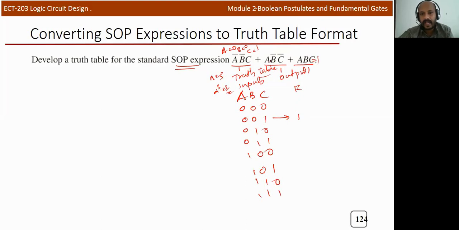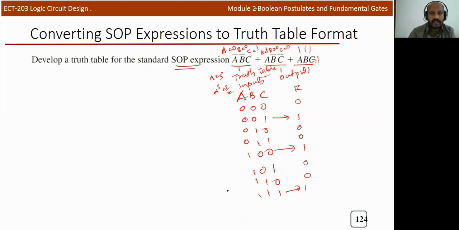Similarly, the second term, A B bar C bar: when A is equal to 1, B bar, so B should be equal to 0, and C should be equal to 0. So 1 0 0 also results in 1. And the last term is ABC, so A, B, C should be 1 1 1. So these are the three different cases where the function value is equal to 1, and in all other cases, the function value is equal to 0.